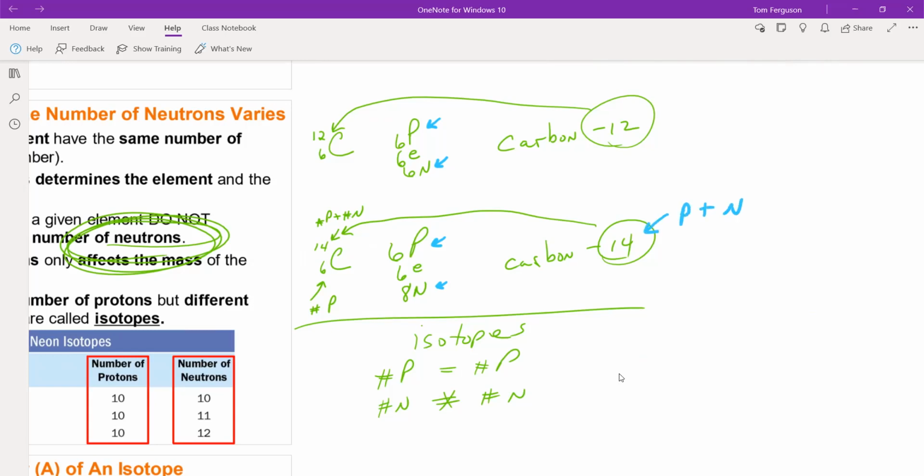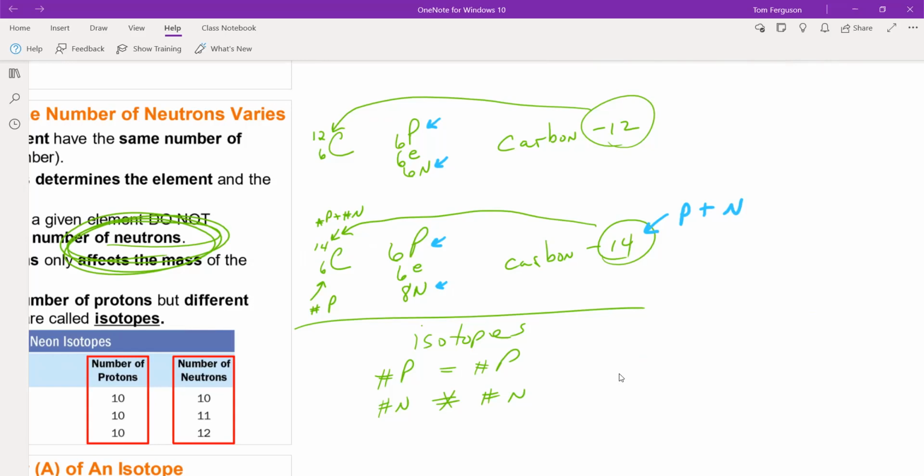So that number equals protons plus neutrons. You'll see that written this way. Sometimes you'll hear, oh, this is carbon 14 dating for fossils and that kind of stuff, and this is what they're referring to. Carbon-14 has 2 more neutrons than carbon-12.